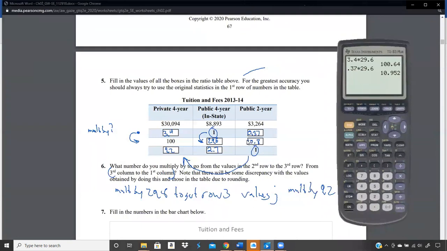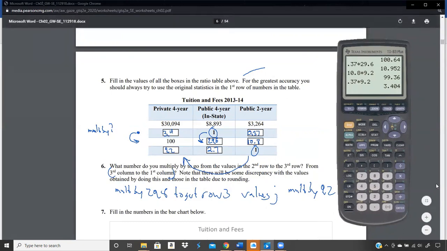So let's take the 10.8 times 9.2. Both of these are rounded values, so it's not going to be exactly 100, but it's close. If you take the 0.37 and multiply by 9.2, it won't be exact, but it's pretty close, 3.4. That one's really close. The closeness is going to vary. I'm not going to talk about the reasoning behind it.